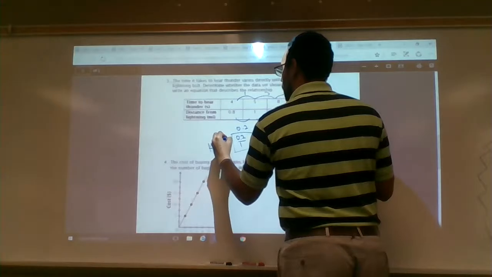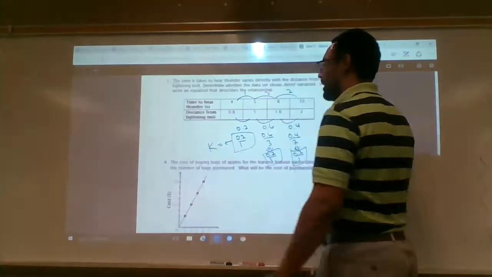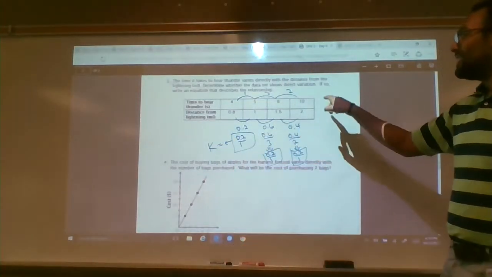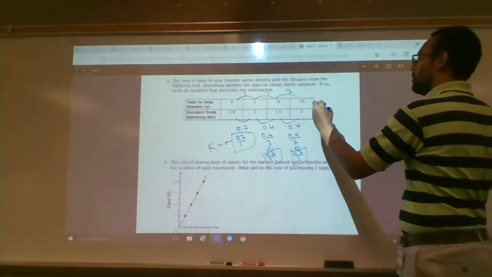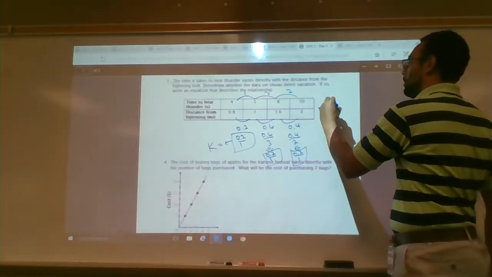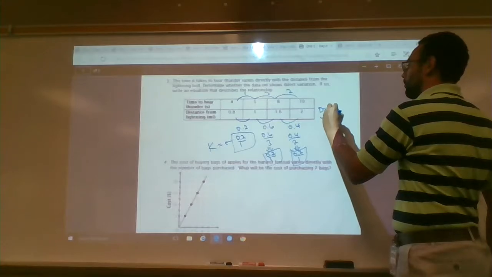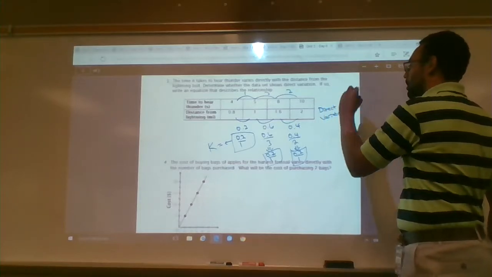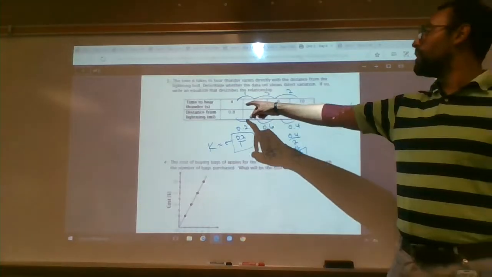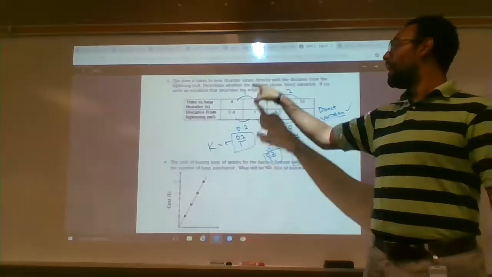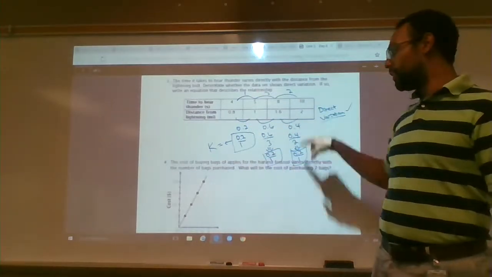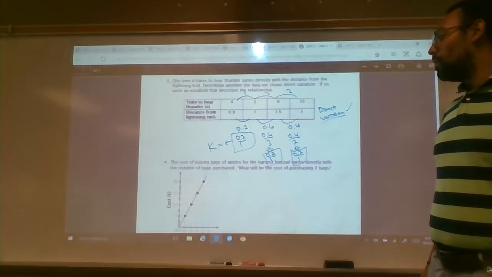So 0.2/1, that is k. So this is direct variation. So even though there was a difference in the increments, we care about the ratio between the increments. Okay.